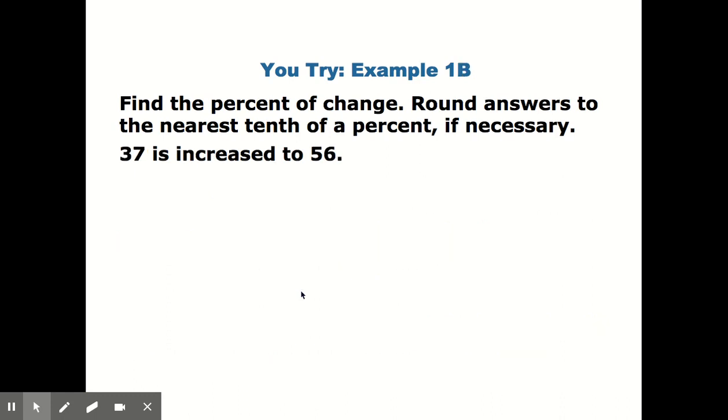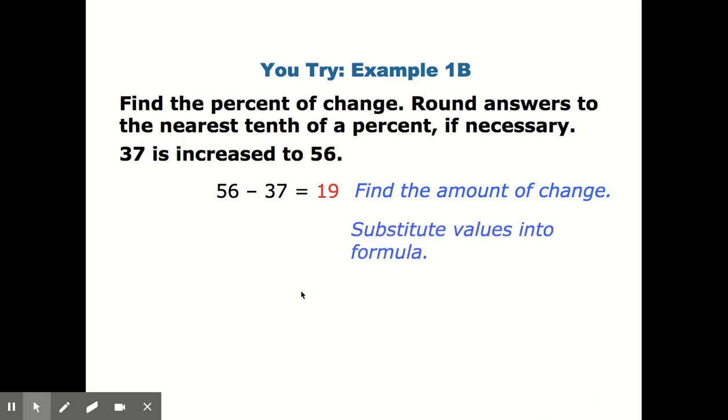Here's another one for you to try. Find the percent of change. Round answers to the nearest tenth of a percent if necessary. 37 is increased to 56. First, we're going to find the amount of change. So we would do 56 minus 37. Again, the change is always going to be found by subtracting the smaller number from the bigger number. We'd substitute in. Our amount of change was 19.